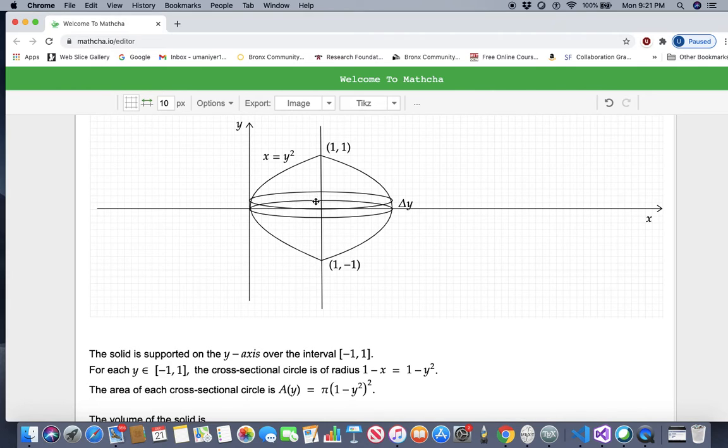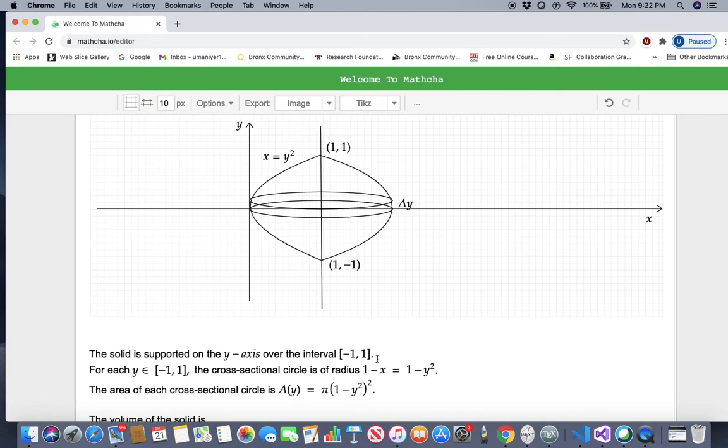We don't know this distance, but we know here is the y-axis. That small horizontal distance is the x-coordinate, x, which is y squared, and this entire distance is 1 because that's where the line is placed. So from 1, you take away the x-coordinate and you get the radius of your circle.